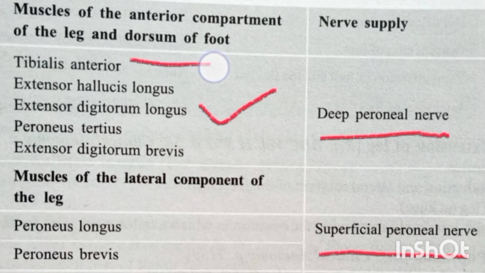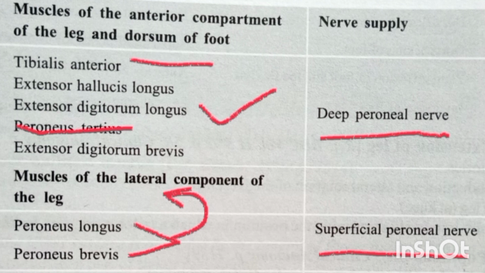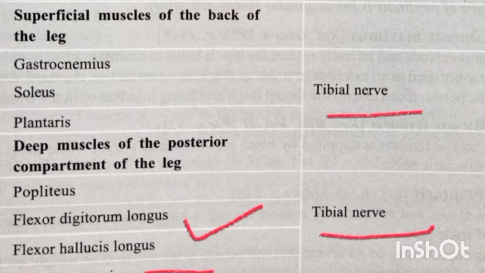Tibialis anterior will be in the anterior compartment, tibialis posterior will be in the posterior compartment. Peroneus group of muscles present in lateral compartment except for peroneus tertius, which is in the anterior compartment. And the superficial muscles of back of the leg are gastrocnemius, soleus, and plantaris.